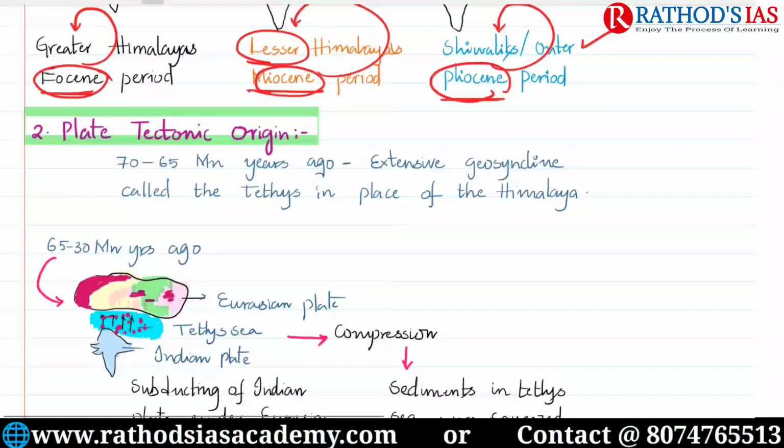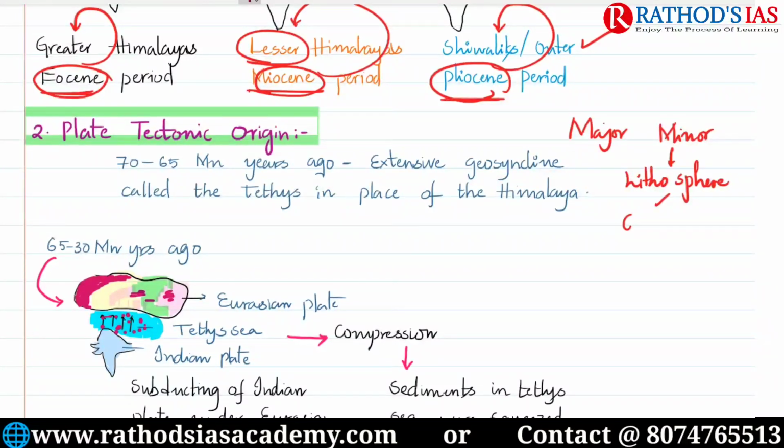And now let us see the next one, that is the plate tectonics theory. So what does this plate tectonics theory say? It is also very important. As you all know, our earth is made up of different plates. For example, we have major plates and minor plates. Plates mean nothing but lithosphere.